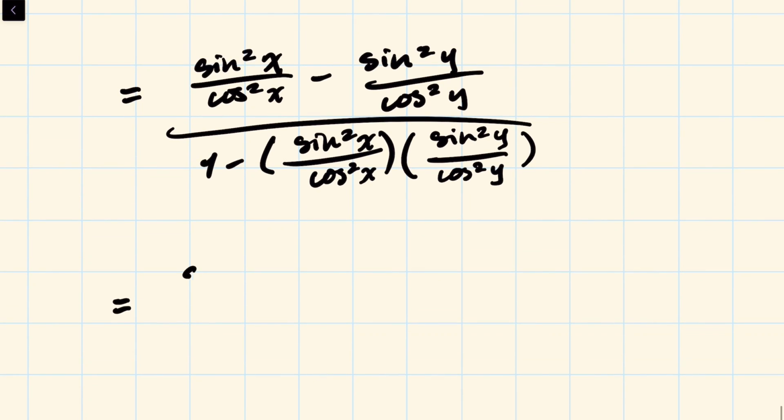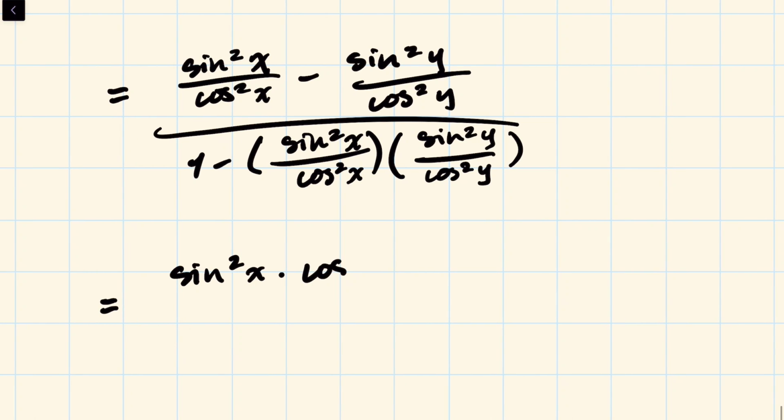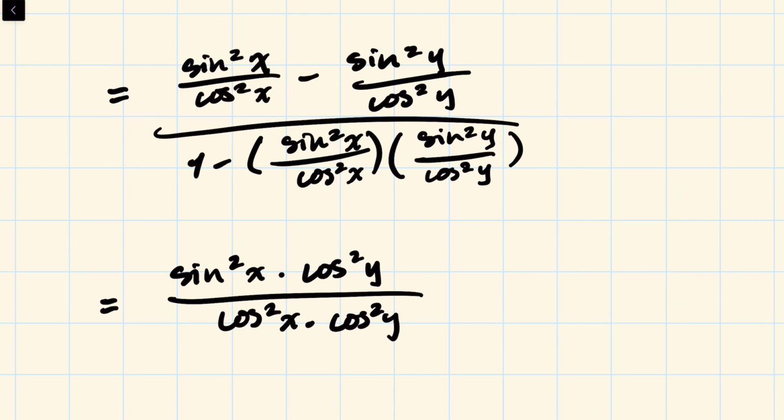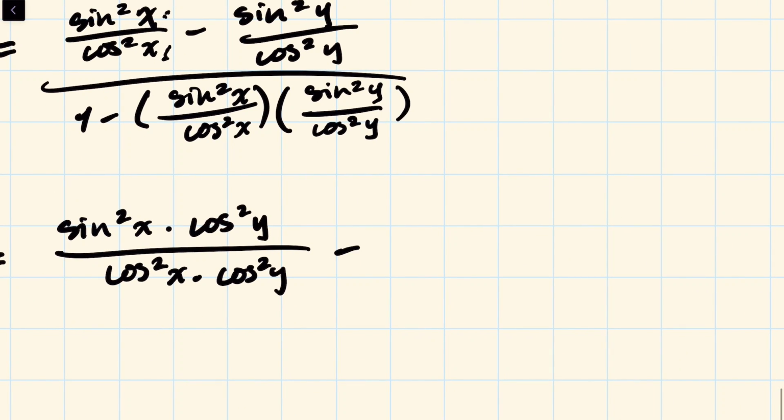Okay, so sine squared of x times cos squared of y, sorry, cos squared of y over cos squared of x times cos squared of y, which is multiplying both the numerator and the denominator by cos squared of y, because that's how we get a common denominator with that one.